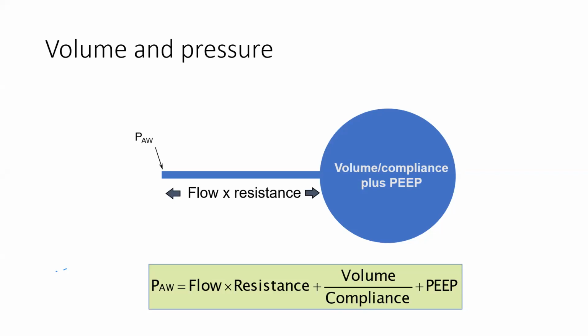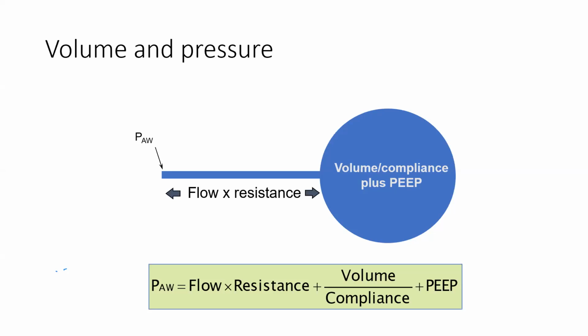So the better the patient's lung compliance, the lower the pressure you need to generate for a given volume. The third kind of pressure that together with these two contributes to the peak airway pressure is the PEEP, which is the positive end expiratory pressure.